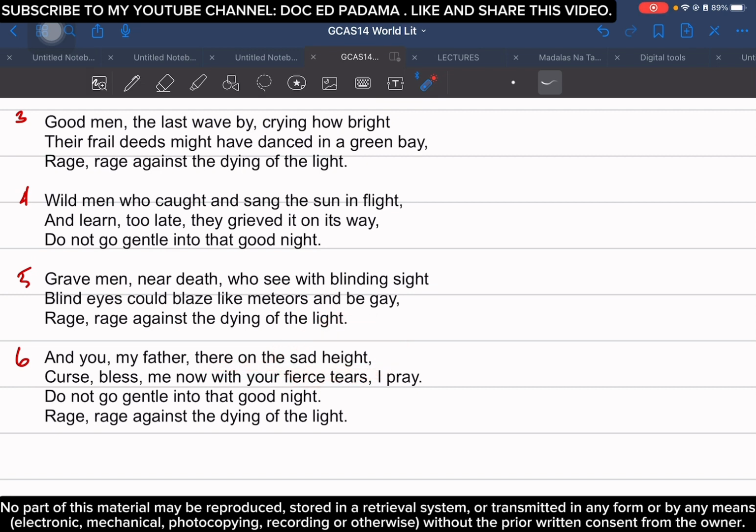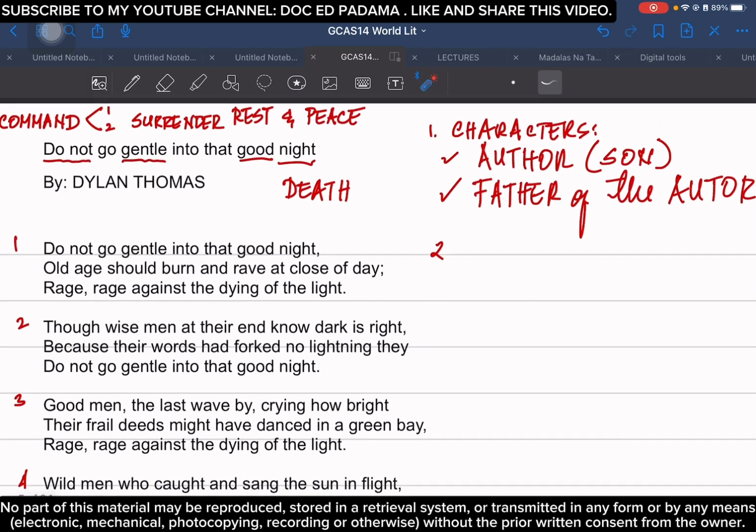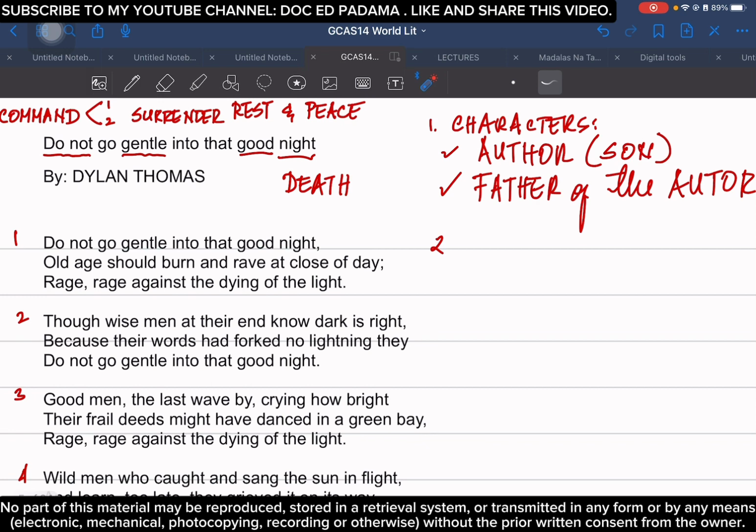Okay? So here, we can already establish that the son, Dylan Thomas, is giving, let's use this blue one, so this one, the son is giving a command to his father not to surrender to death, even if death means rest and peace, even if the father already wants to die because the father wants to rest and wants to have peace.